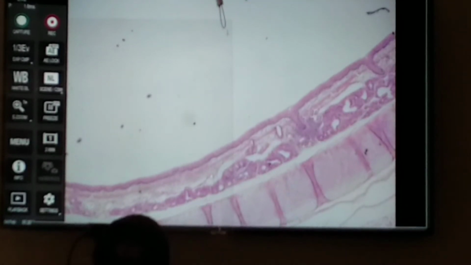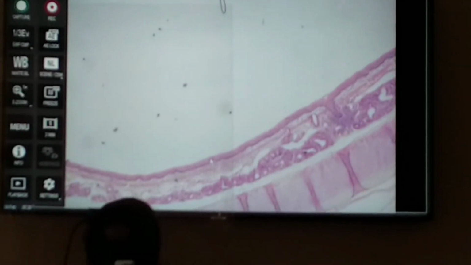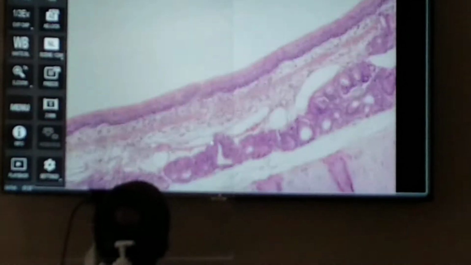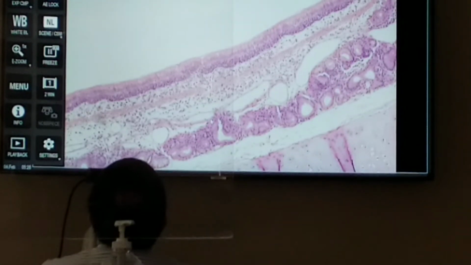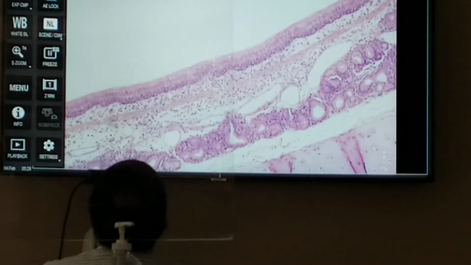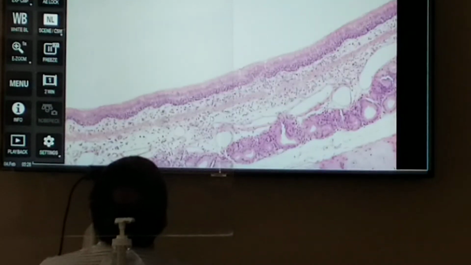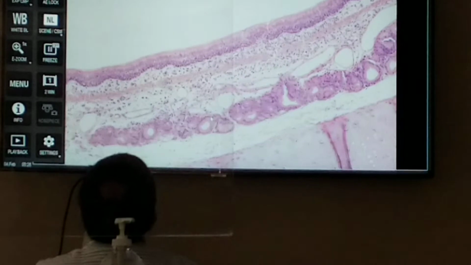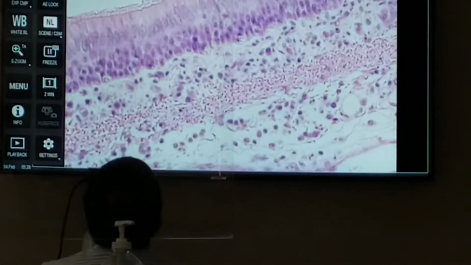See another big old space here, lined by a different type of epithelium. Let's look at this now. Can you tell what type of epithelium this is yet? Yeah, this is pseudostratified.